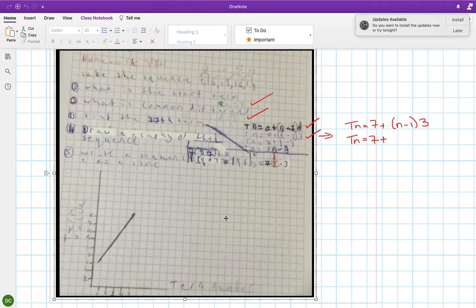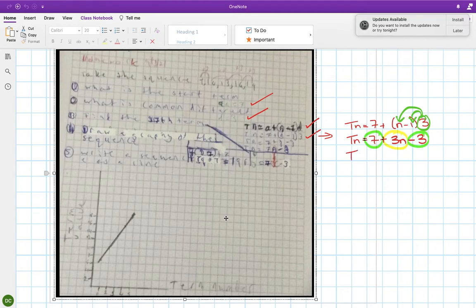Then you take this 3 and you multiply it by the n and you multiply it by the 1. Now, it looks like you tried to do that, but you forgot about the n. So 3 by n is 3n, and 3 by minus 1 is minus 3. So this stays on its own, and these two are combined.